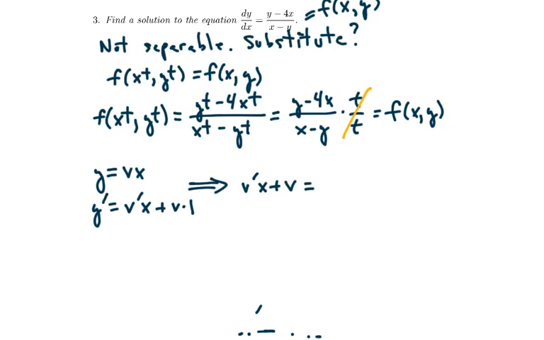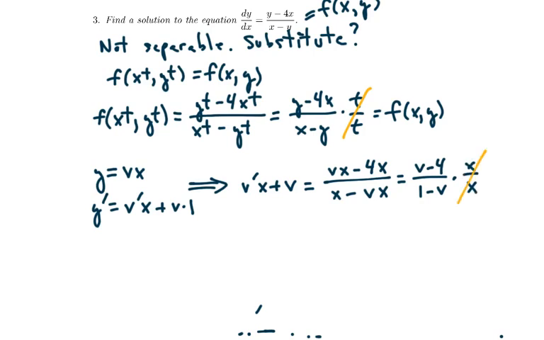And on the right-hand side, y is now vx minus 4x in the numerator and x minus vx in the denominator. I could see an x is going to factor on top and bottom, so I'm going to get v minus 4 over 1 minus v. So I factored out an x on top and an x on bottom, which conveniently canceled out in this case.